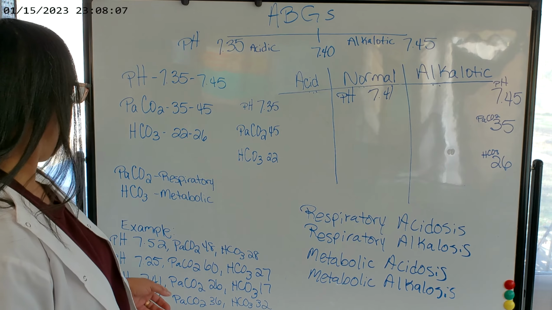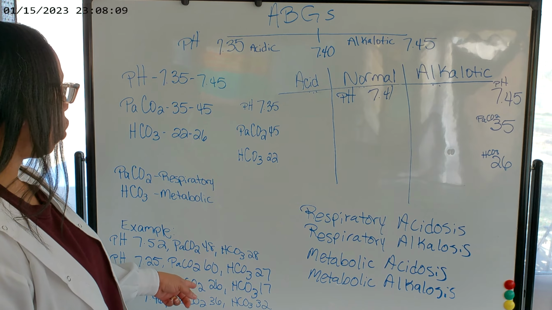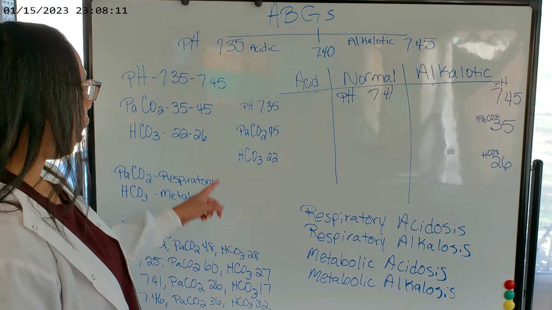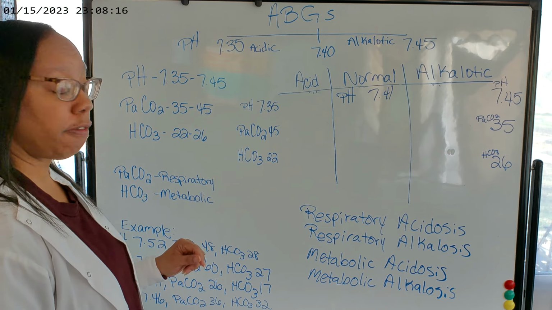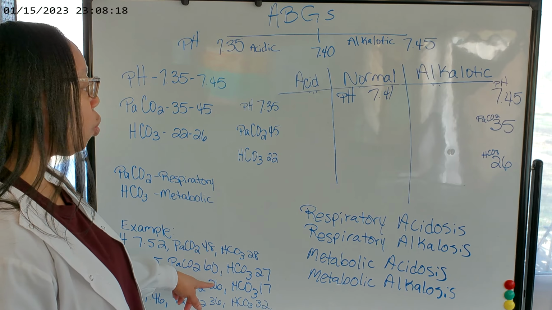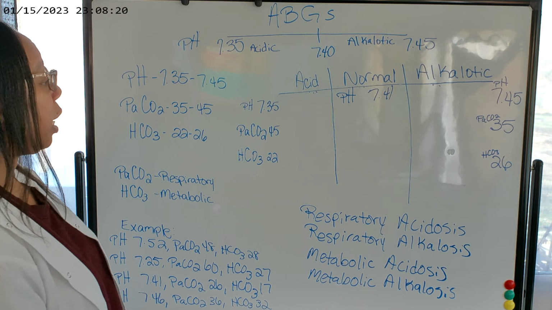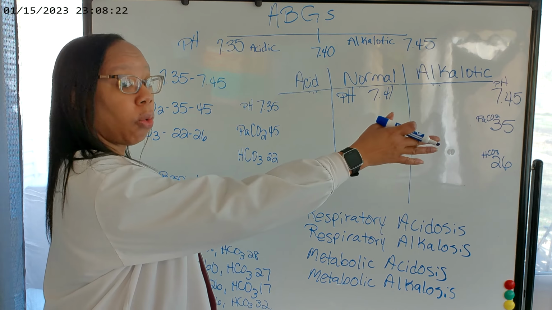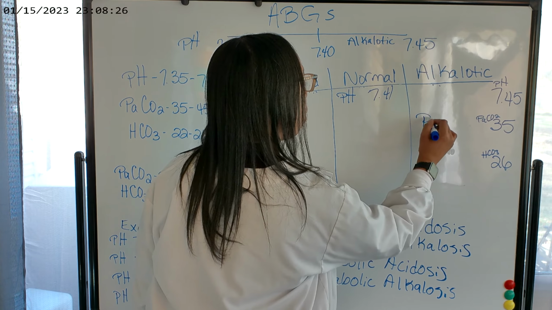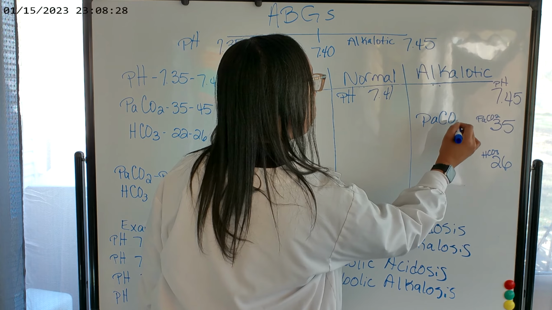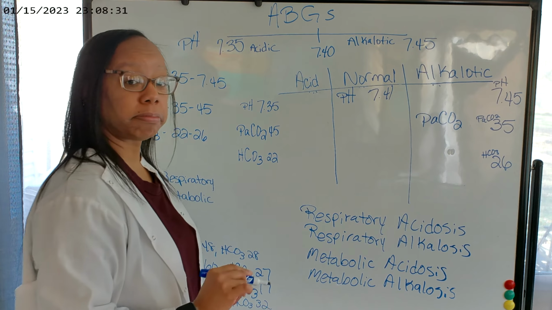Okay? A PaCO2 of 26, is that above 45 or below 35? A PaCO2 of 26 is going to be below 35. So our PaCO2 is alkali.